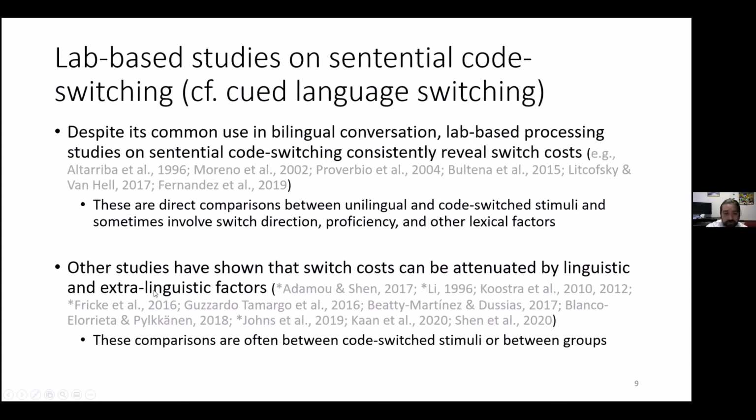Then there's also a newer line of work that demonstrates that switch costs can be attenuated by additional factors. These are contextual cues. This might be phonetics, some sort of phonetic cue. It might be the speaker. It might be the presentation of the stimuli. All right, so there is some nuance there.